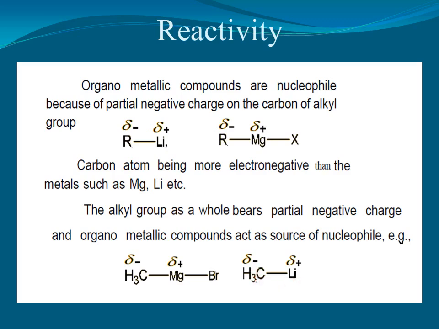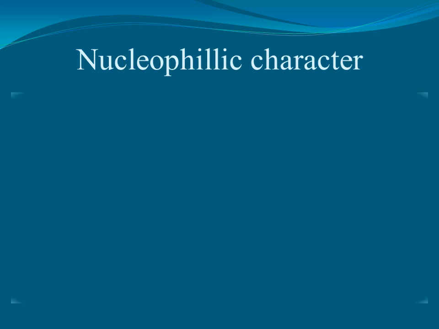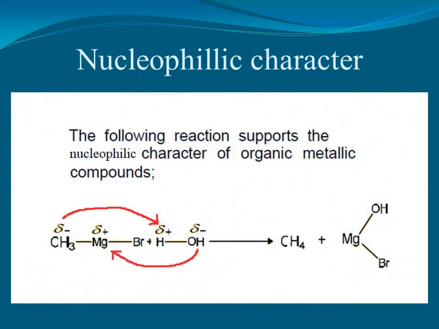Now students, let us study the nucleophilic character of these organometallic compounds. The following reaction supports the nucleophilic character of organometallic compounds. This is methyl magnesium bromide. If we react it with water, this methyl is going to act as a nucleophile and abstract a proton or hydrogen from water.